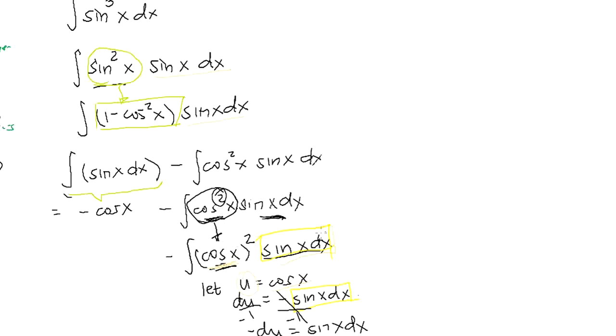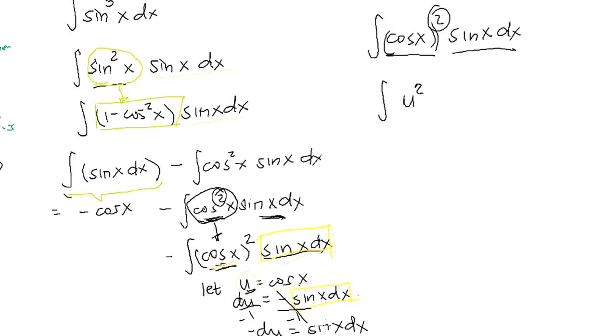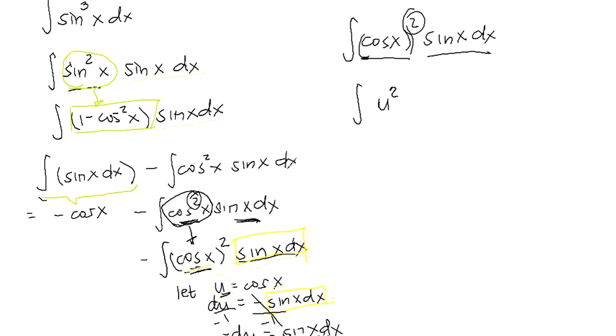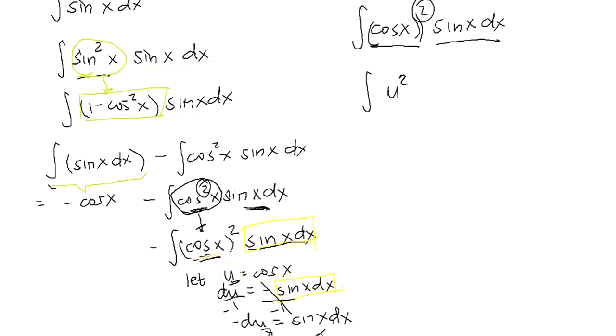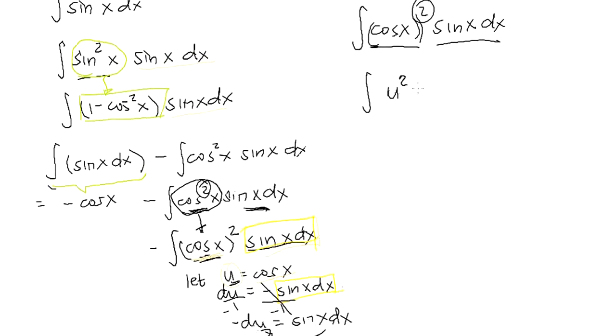So from here, let us simplify. Let me copy first. We have cosine x squared sine x dx. So we say that this term here is just equal to u, but it is raised to 2, and then this term here, sine x dx, is just equal to negative du.